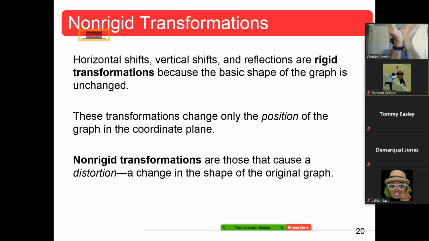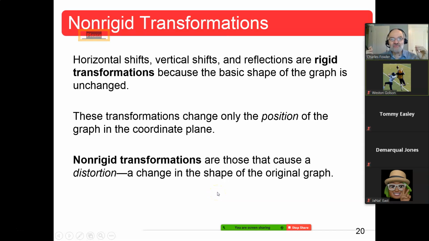It just moves around or turns over, but the shape stays the same. Those transformations change only the position of the graph on the coordinate plane. Non-rigid transformations are those that cause a distortion, a change of the shape in the original graph.